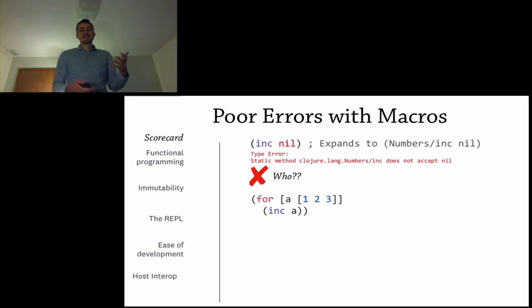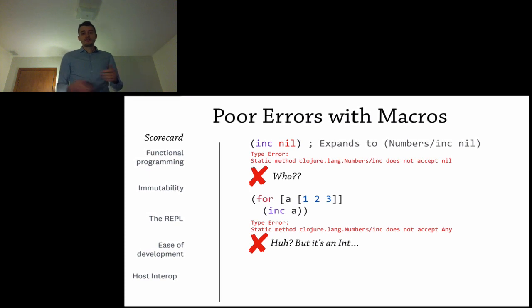And this gets even worse when you have a much more complicated macro like the for list comprehension, where it iterates over each element of the list, binding it to A. So A should be of type int, but unfortunately it's of type any, and we get a similar error. So it seems obvious that A is an int, but it's just not working out.